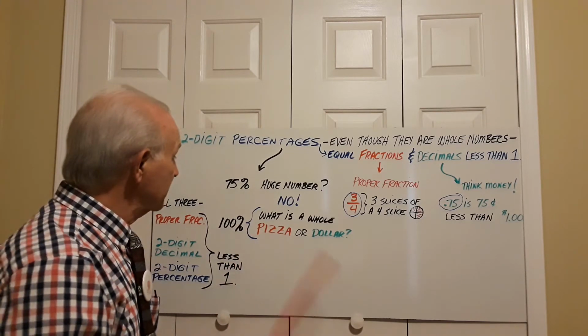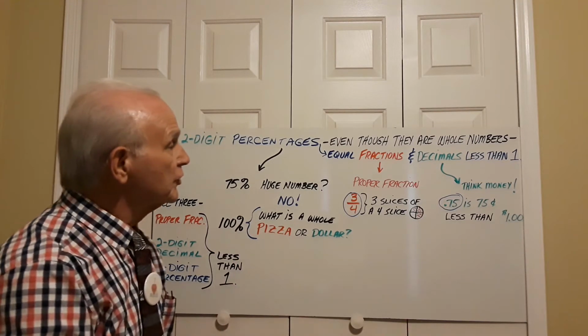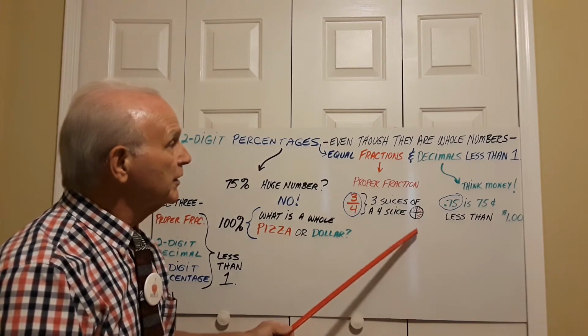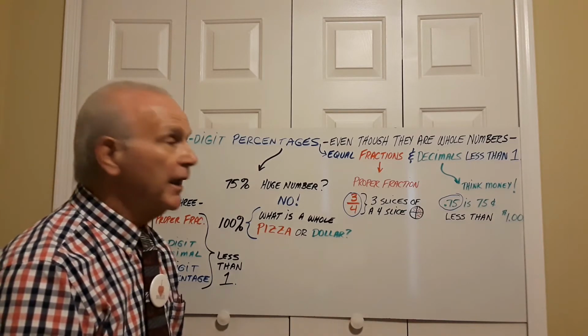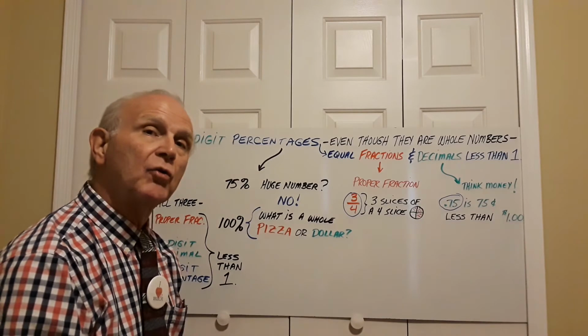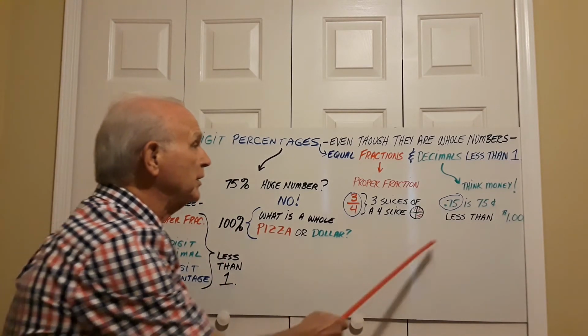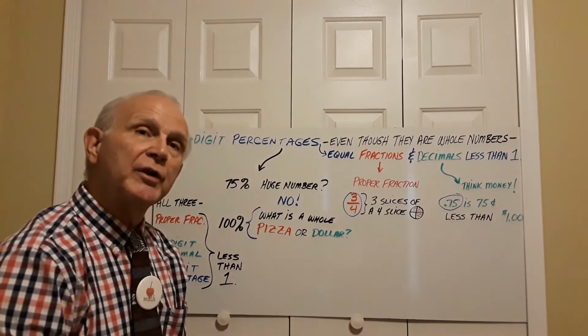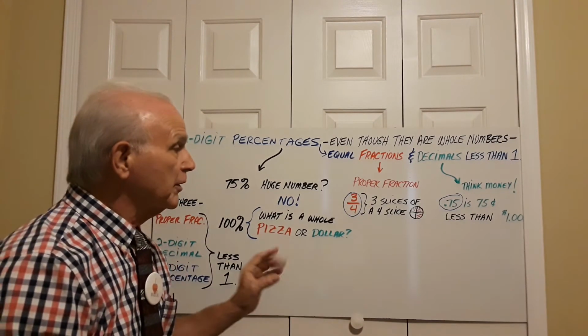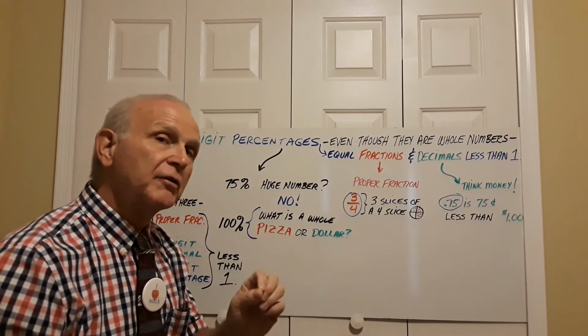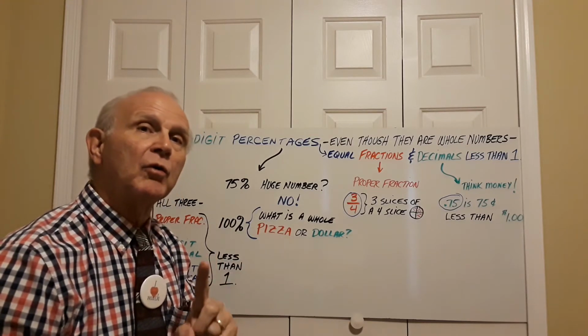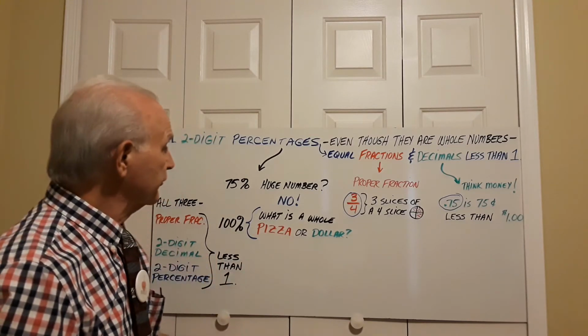So now you can see this 100% shows up as a 1 in a fraction and shows up as 1.0 in a decimal. The 100%, the 1, and the 1.0 are all equal, and they all signify one whole thing that we're referring to.